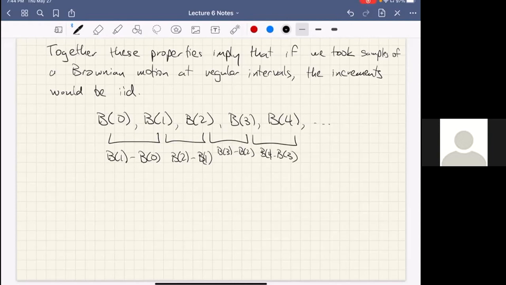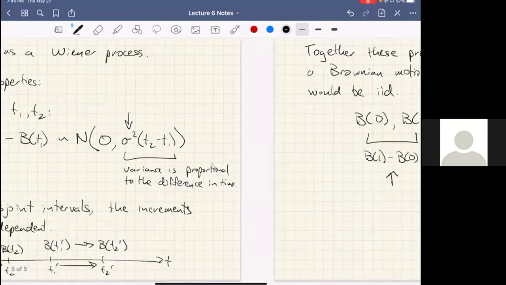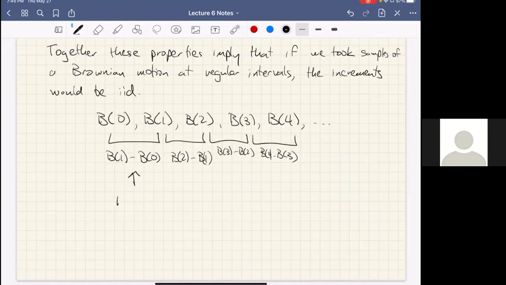By my property on the last page, the increment is the normal distribution with mean 0 and variance sigma squared times the difference in times. So 1 minus 0 is 1, so I get normal 0 sigma squared.